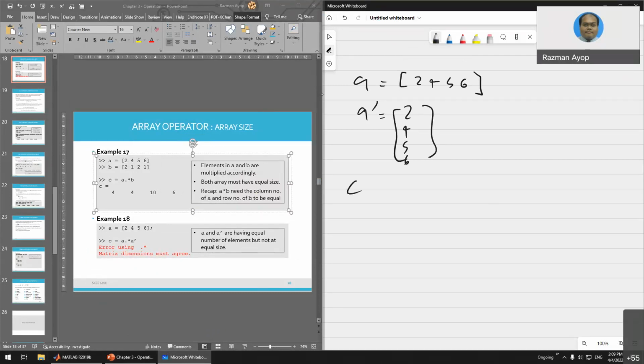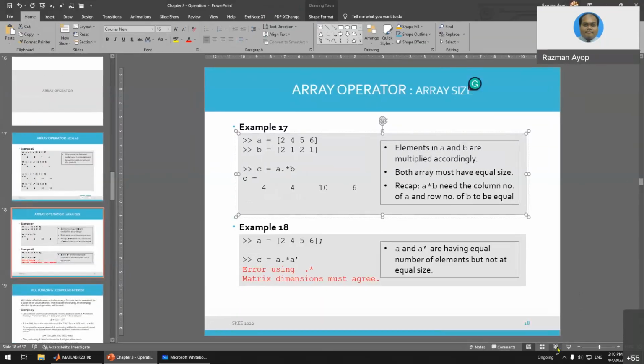So remember, C is equal to A dot multiply A transpose. So remember that array operation needs to have the same size. So for this case, it doesn't have the same size. So this is 1 multiplied by 4. This is 4 multiplied by 1. If you do matrix operation, yes, you can do it. But if you use array operation, you cannot do it. Okay.